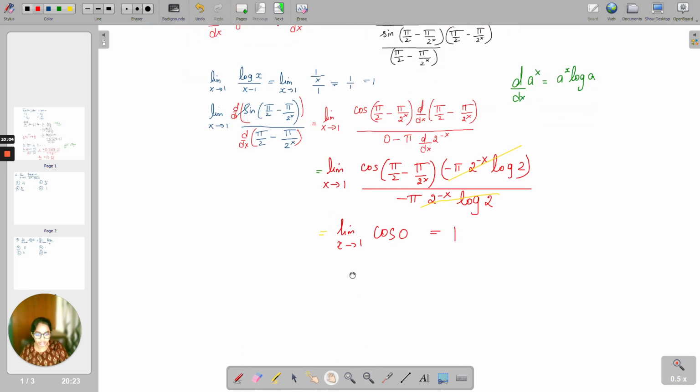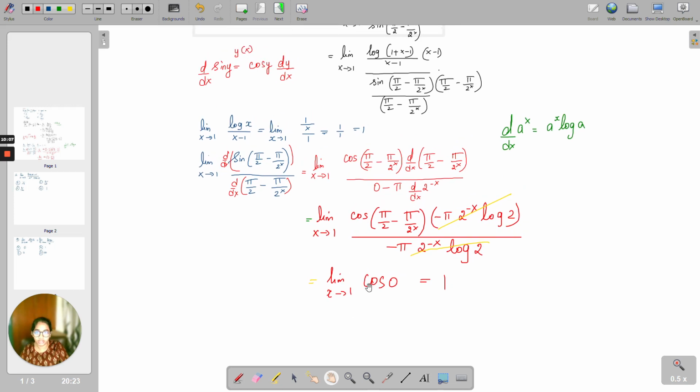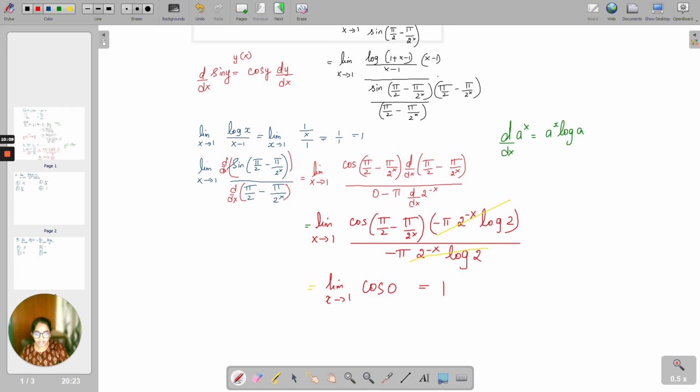Now finally, if I zoom out, I can see that limit x tending to 1, this term is 1, this term is 1, and even this term is also 1. So what else is remaining? Let me write that down.